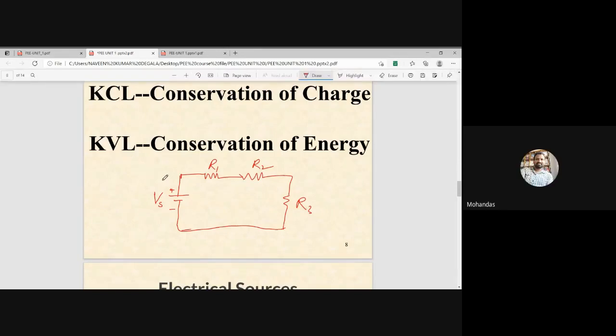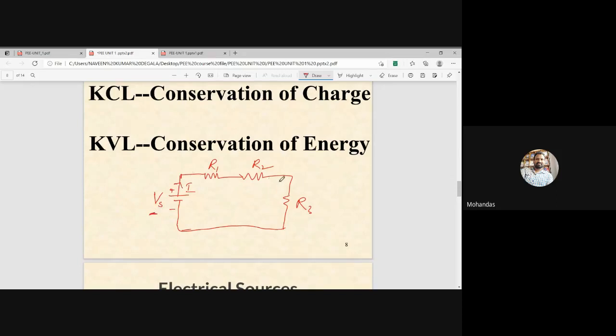Once the closed path is available, current I is flowing, and through each and every element current is flowing. For this given circuit, you have to write KVL, Kirchhoff voltage law. But here only one voltage is there, that is Vs, a source voltage.